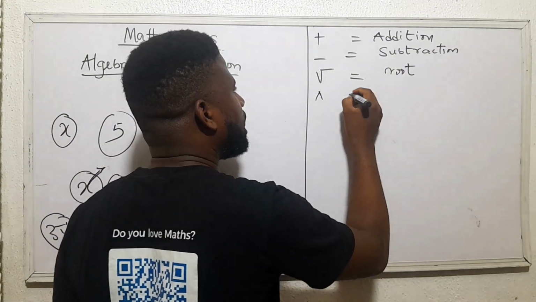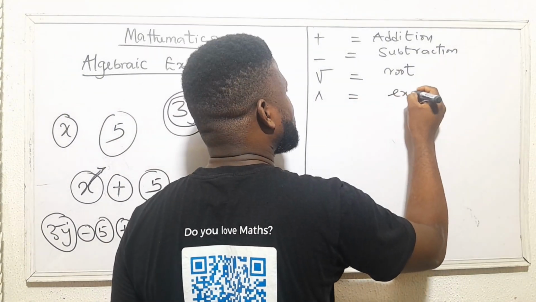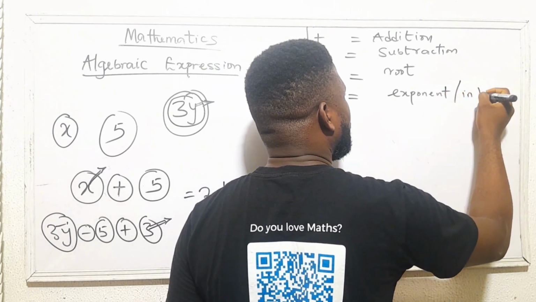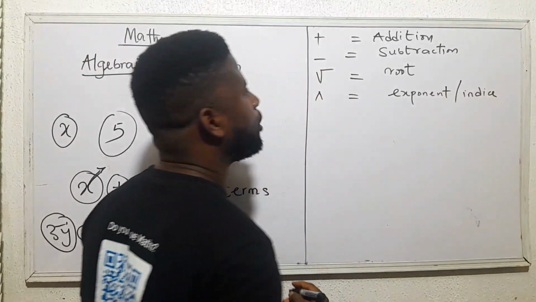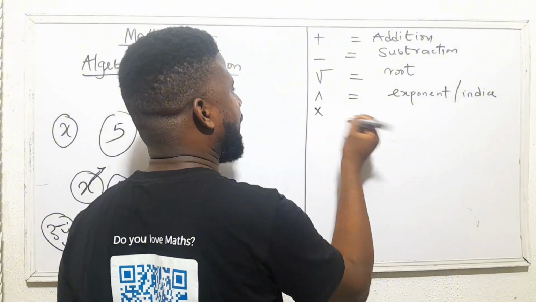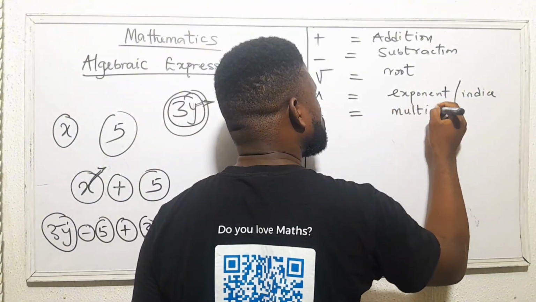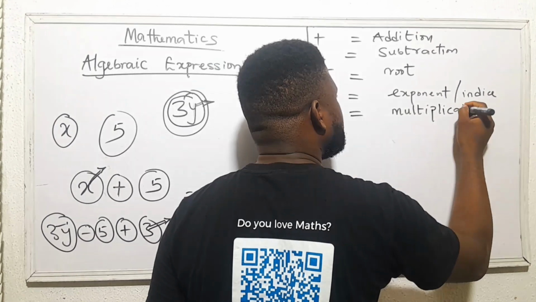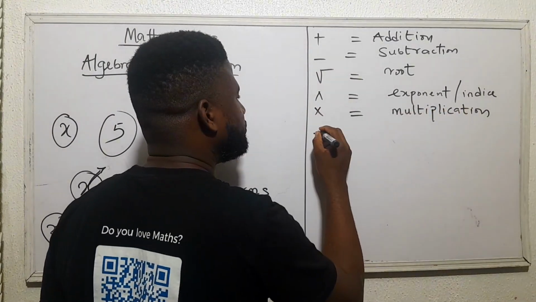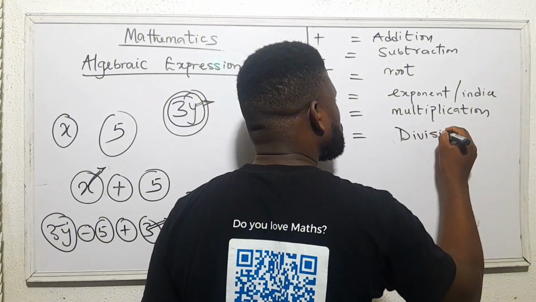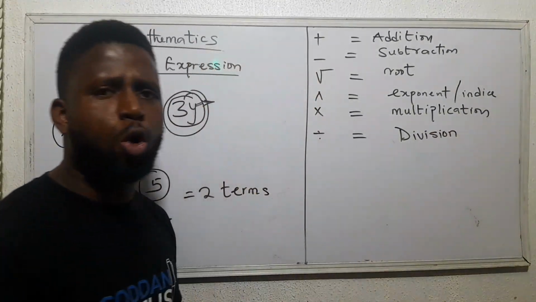We have the exponent symbol, which indicates that an exponent or indices is to be carried out. And we also have the times symbol, which indicates that a multiplication is to be carried out. We have also the divide symbol, which indicates that a division is to be carried out, and so on and so forth.